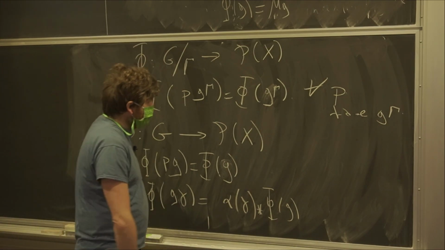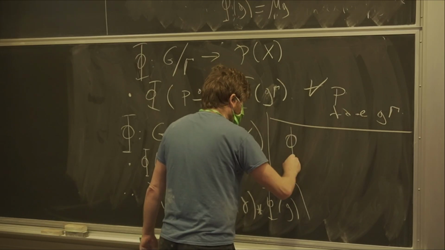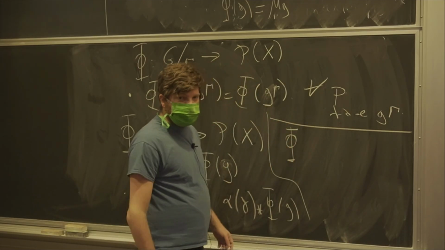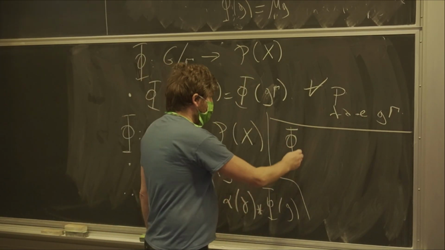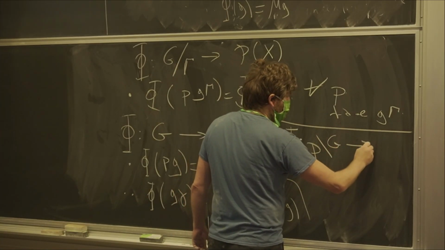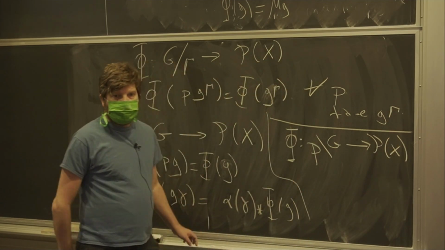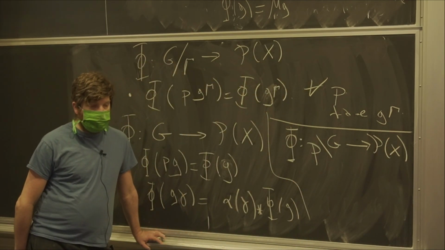Now this allows me to define, and I'm still calling it just phi, a map from G mod P into probabilities of X. It's a Borel measurable map.